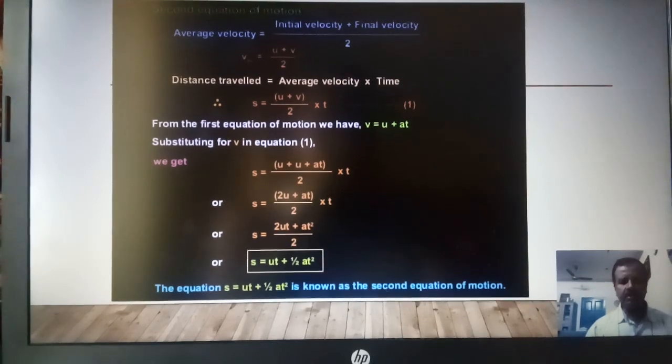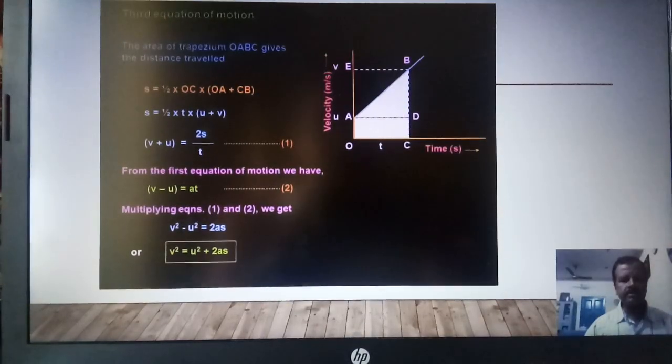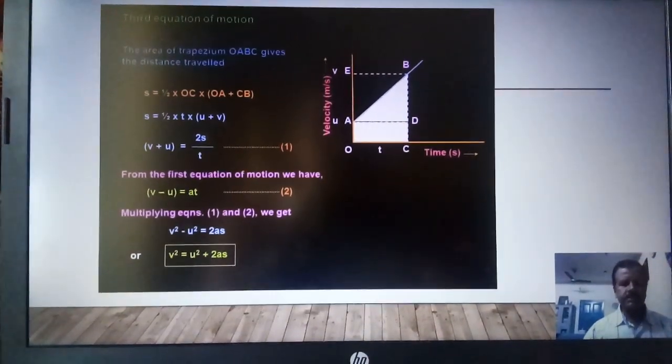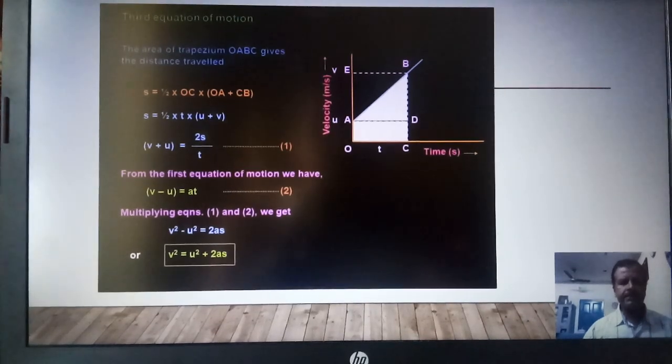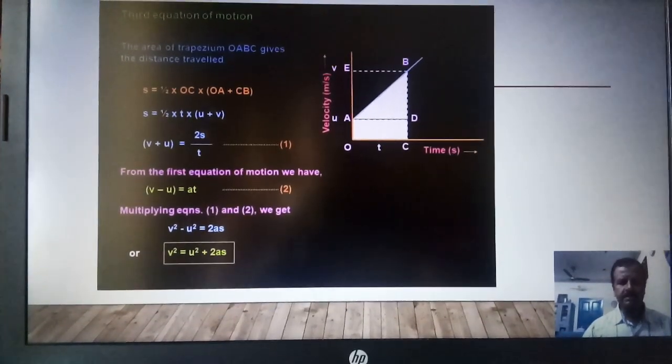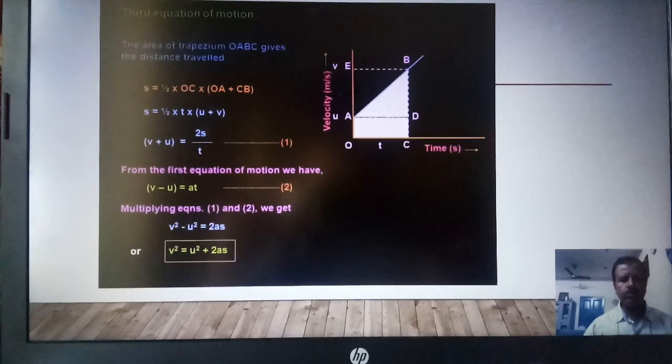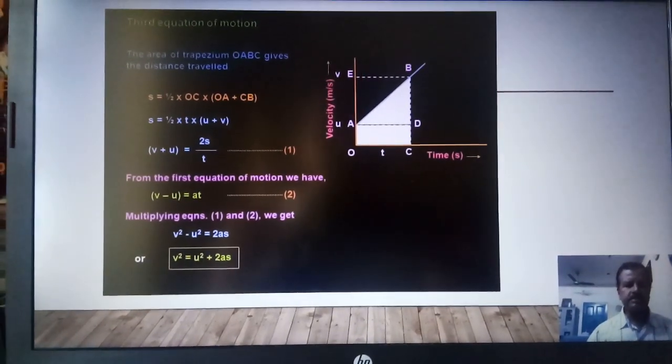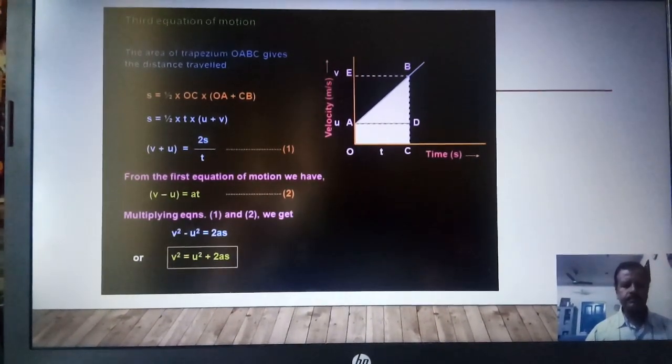Using the same graph, we have the third equation. You see, the area under the trapezium OABC, we know, gives the distance traveled.